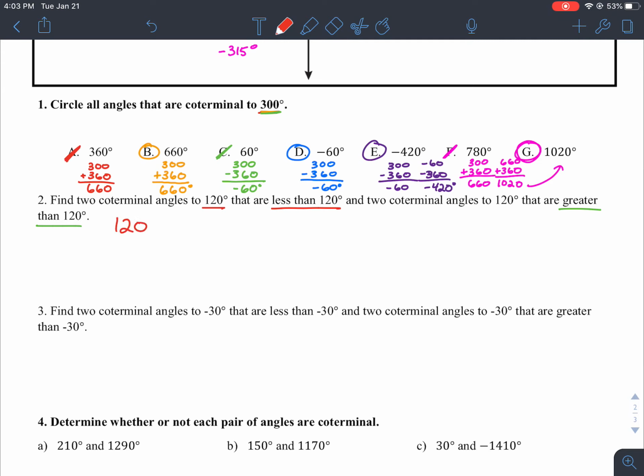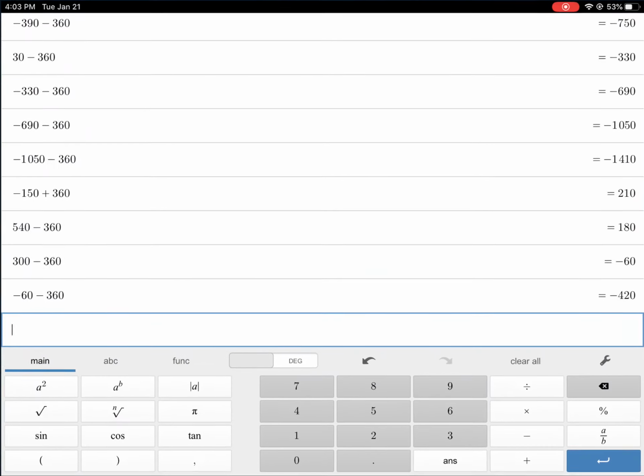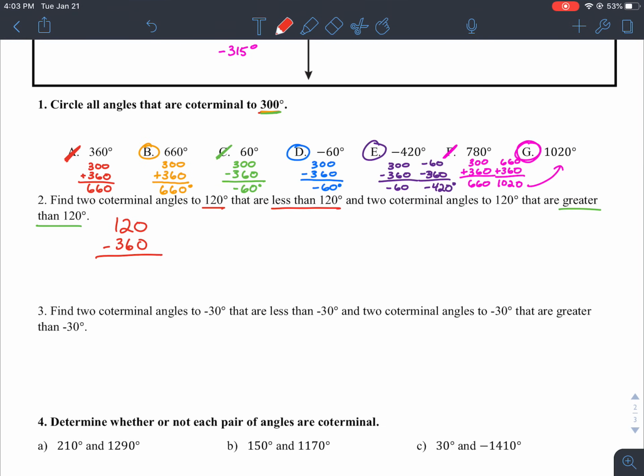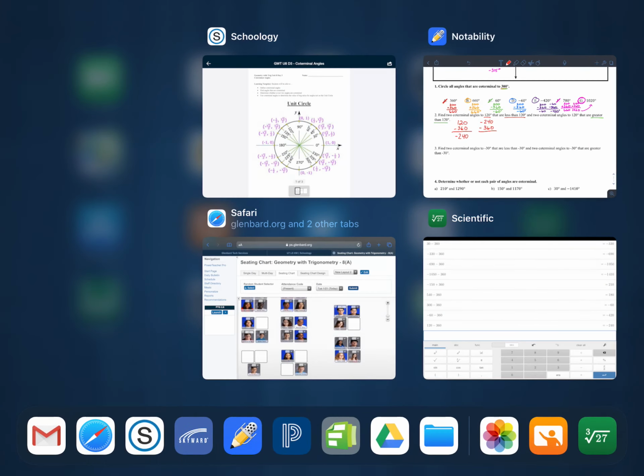120 is the starting angle that we were given. We're going to subtract 360 to get our first coterminal angle that's less than it. So 120 minus 360 gives us negative 240. So that's one answer. And then we're going to take that negative 240 and subtract another 360 from that.